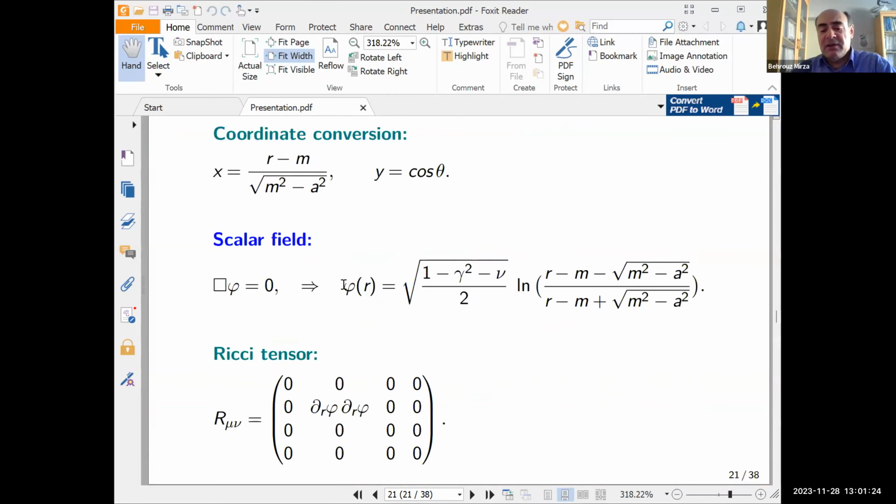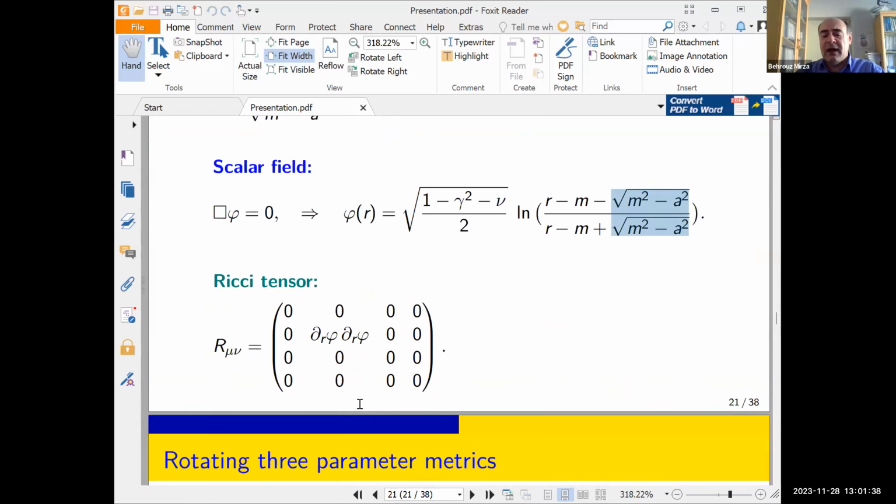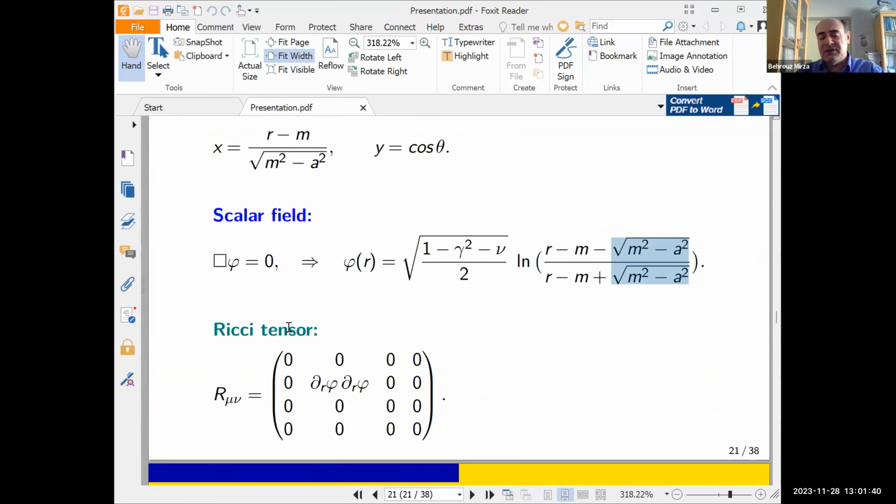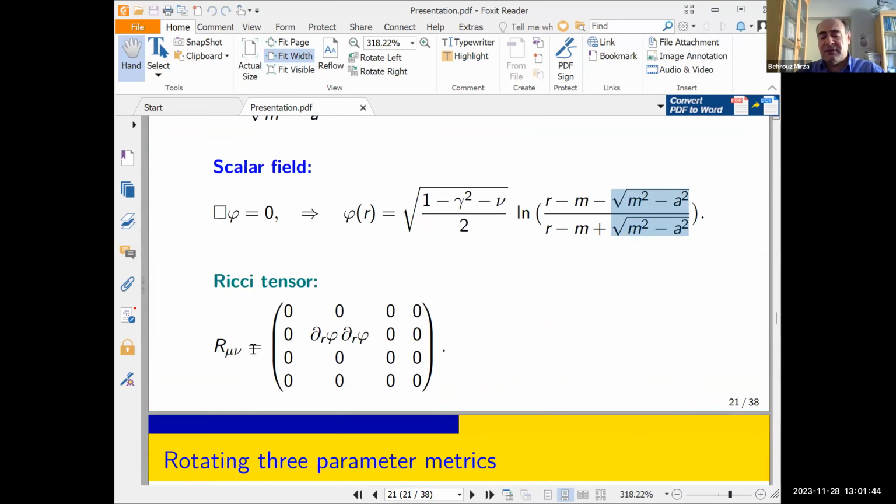A scalar field phi can be written for the rotating metric as you see. The only difference from the non-rotating metric is these two terms in m to the power 2 minus a squared. And here the Ricci tensor can be calculated exactly, and we can show that the Ricci tensor equals dr phi, dr phi, and the other components of the Ricci tensor are all 0.